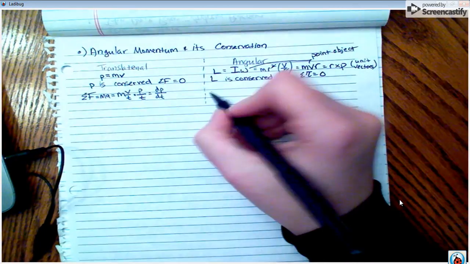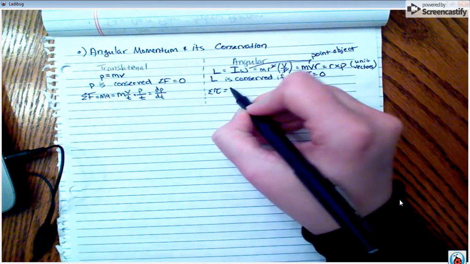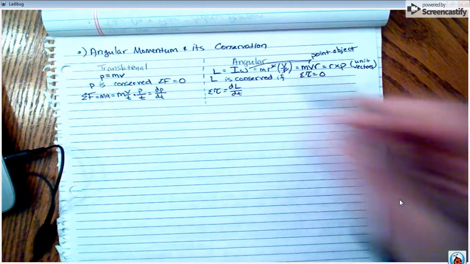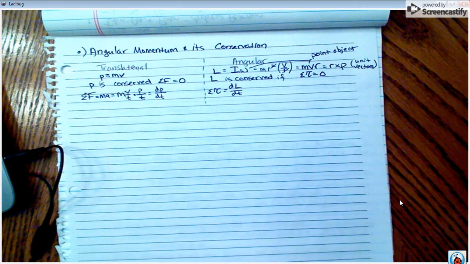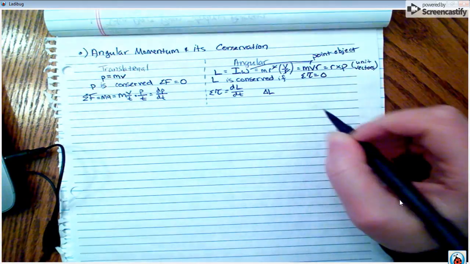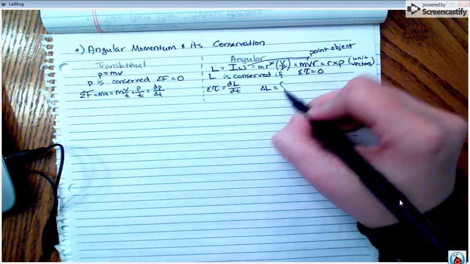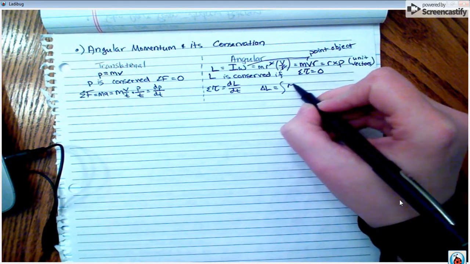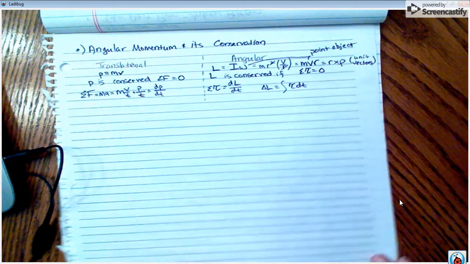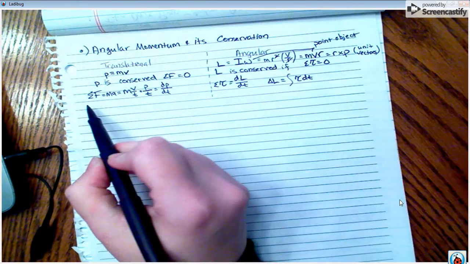Same thing for angular, except it'll be our net torque. So it's the rate of change of angular momentum over time. So that's an equation you might use. And we can go the other way too: our change in angular momentum will be the integral of torque with respect to time. Okay, so that's that little table.